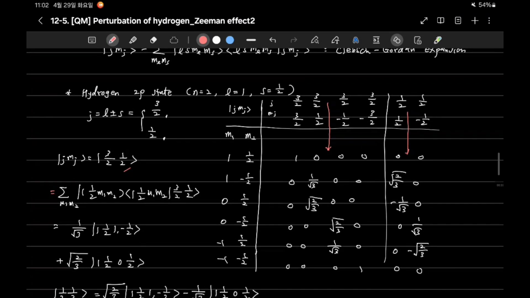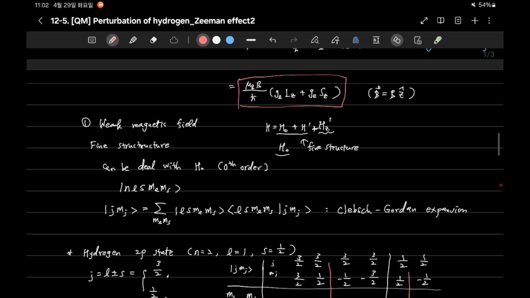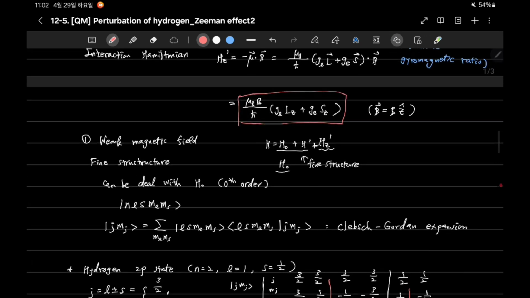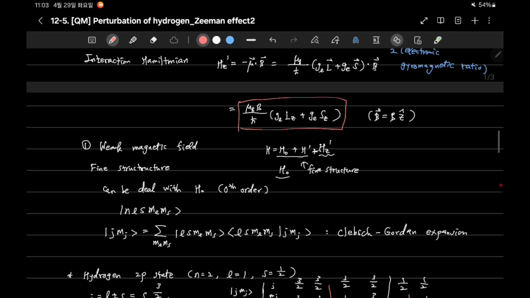When I described briefly, we already calculated the Zeeman energy Hamiltonian, and this Zeeman energy Hamiltonian can be treated as a perturbation in the weak magnetic field case.